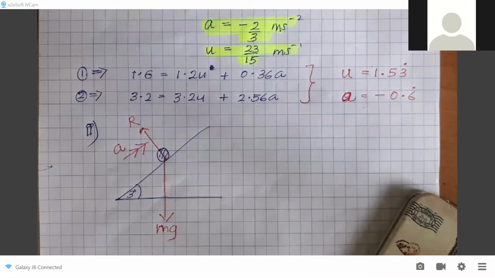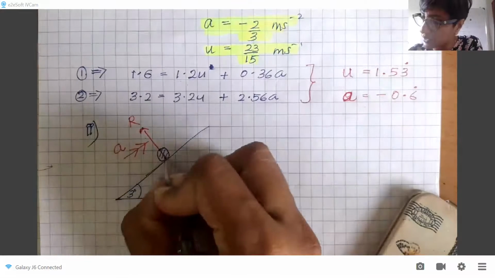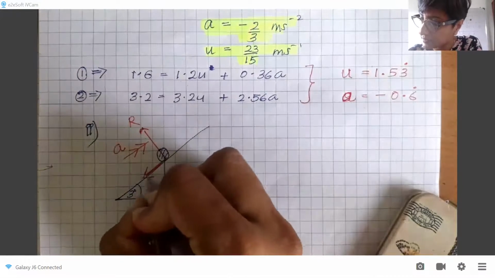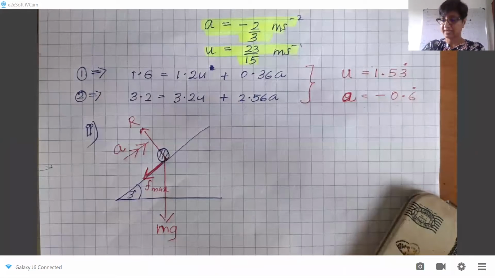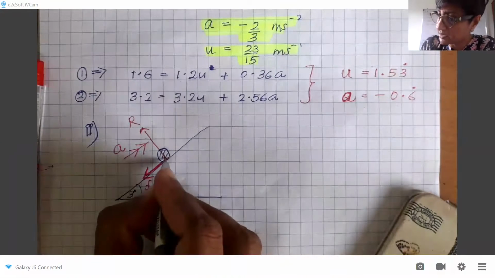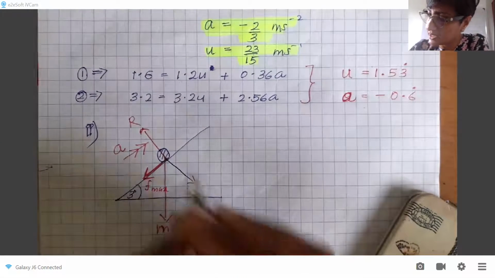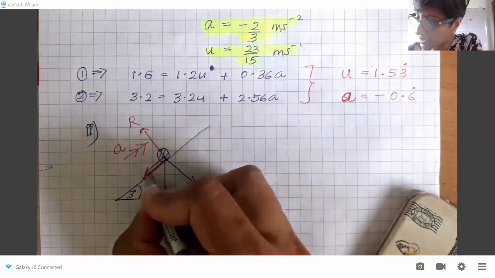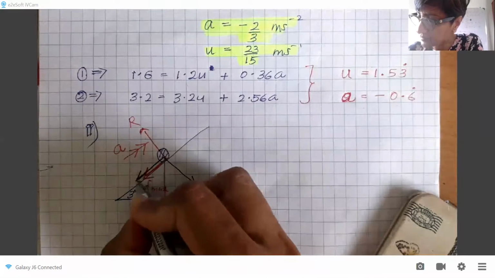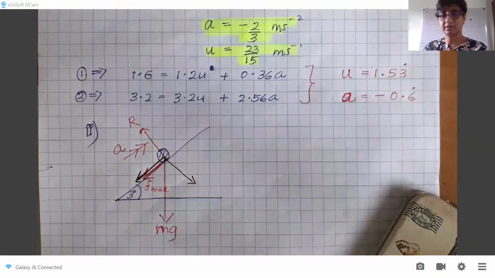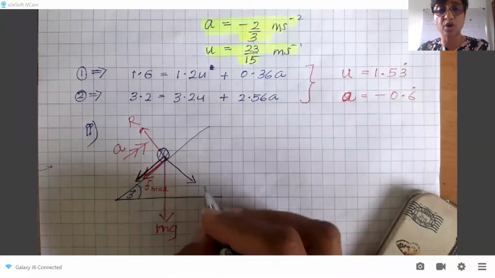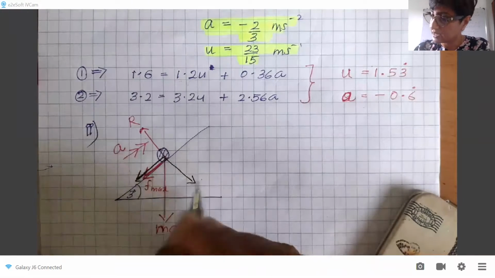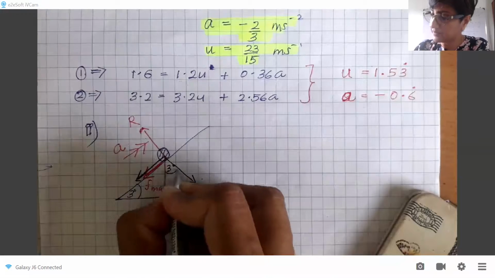Friction. Very good. Friction acting down because it's moving up. F max. Right? And immediately let me split the weight into two components, resolve the weight into two components. This angle would be 3.